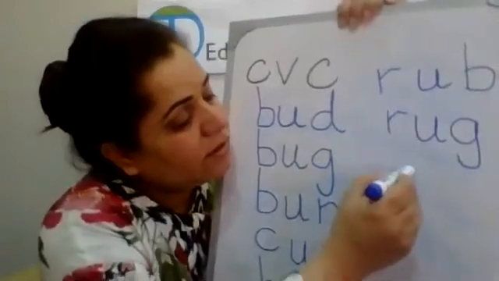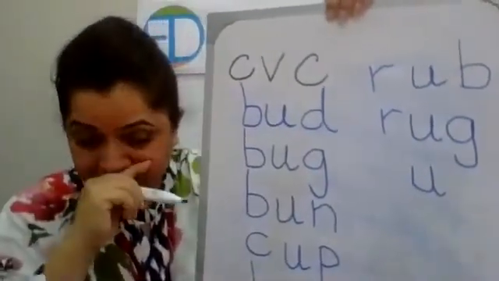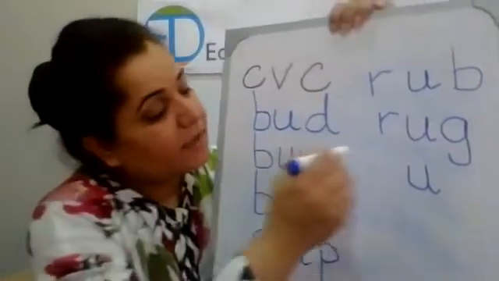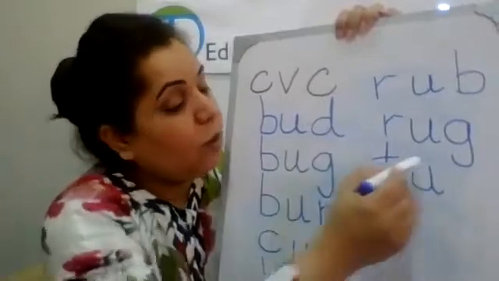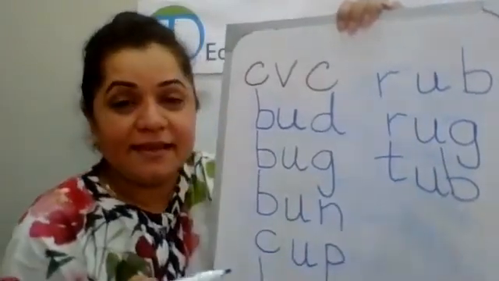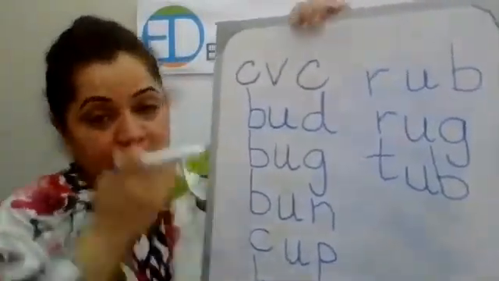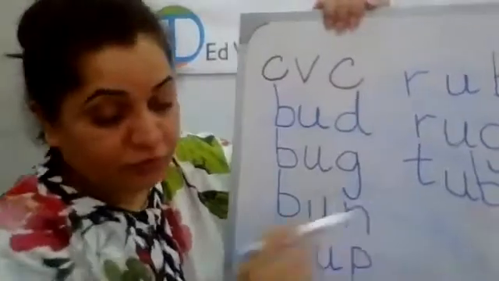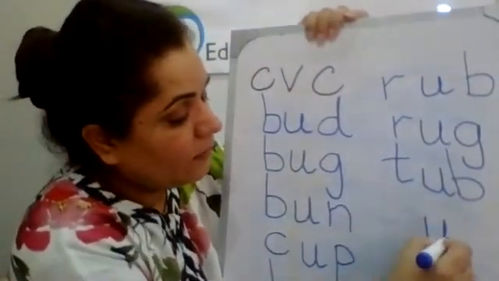Excellent. You're going good. Vowel, and now we need two consonants. Okay, T, U, B, tub. I'm not writing properly because I have to write it like this, but I'm sorry. Right?